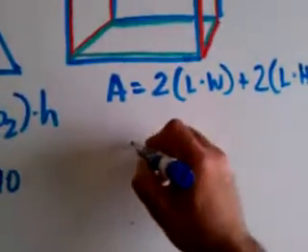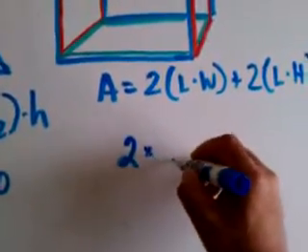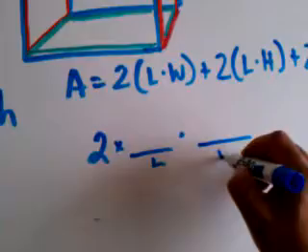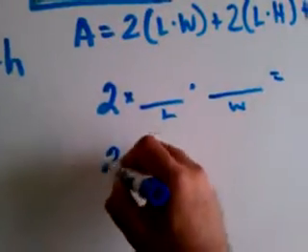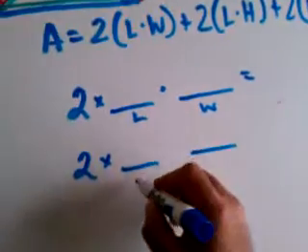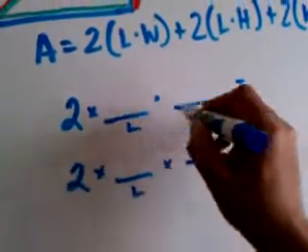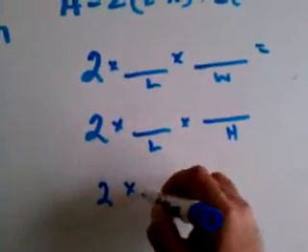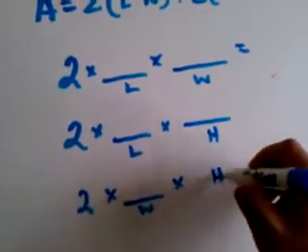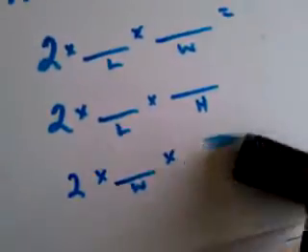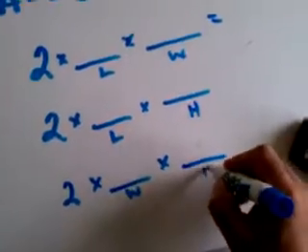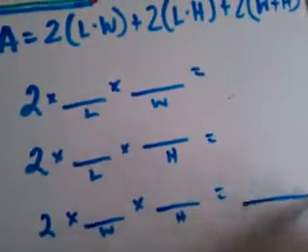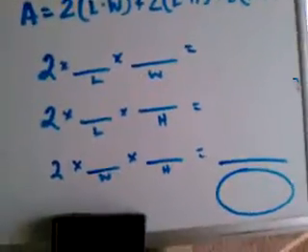I write it like this: 2 times length times width, and that will give you something. Then I say 2 times your length times your height, and then 2 times your width times your height. And then you would add all of these together, and this would be the actual area.